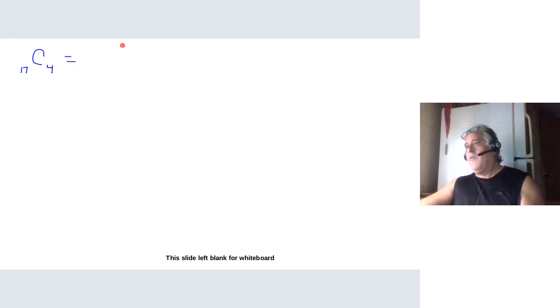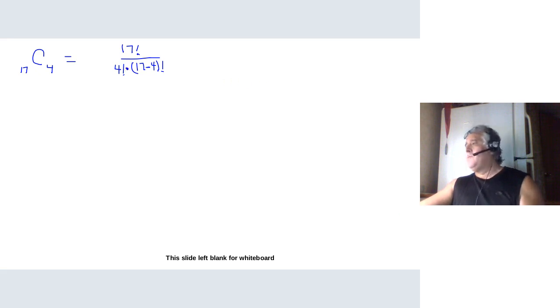Before, remember, we still have that 17 factorial up there, and we still have the 17 minus 4 factorial. But what we've got is an extra 4 factorial down here. And these are being multiplied, so you just have to remember that.